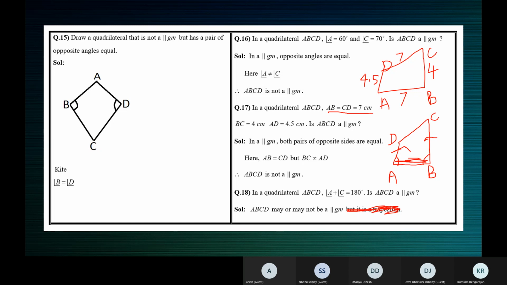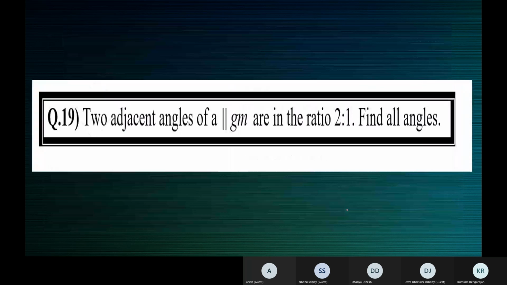Take a screenshot, children. Two adjacent angles of a parallelogram are in the ratio 2:1.